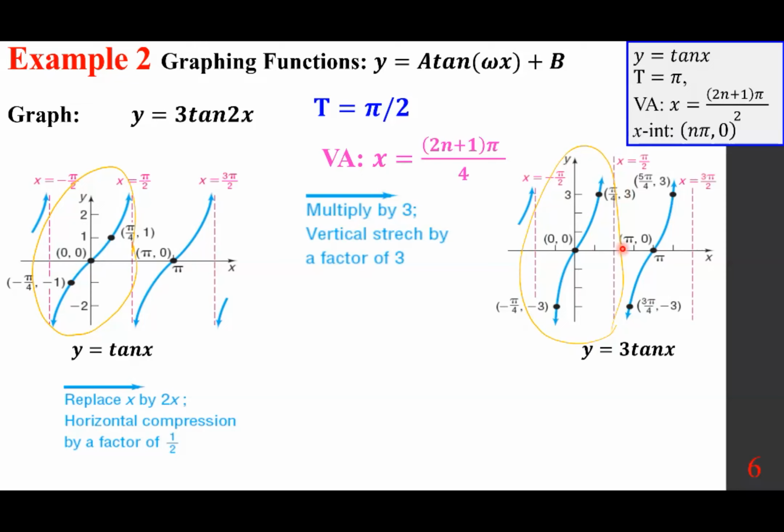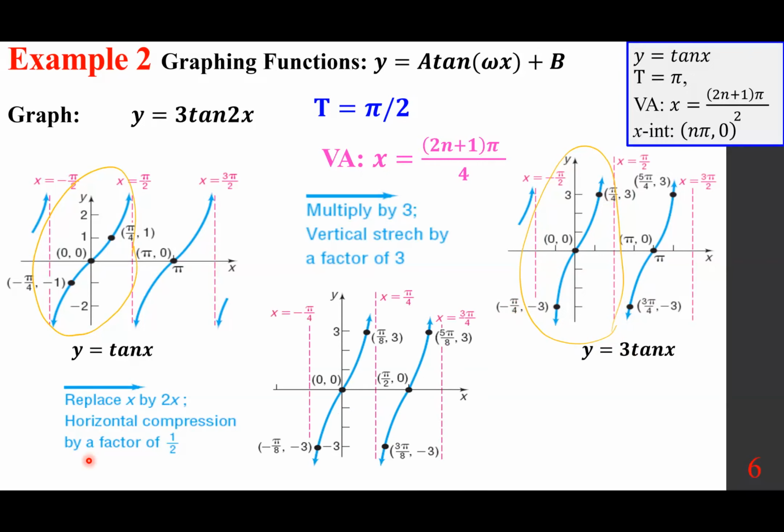First, look at the vertical asymptotes. Then this doesn't change. But this one, you cut it in half, becomes pi over 8. This one, you cut it in half, becomes minus pi over 8. And again, I want you to be concerned with one complete cycle. Okay, this one, this one, and the rest will follow.